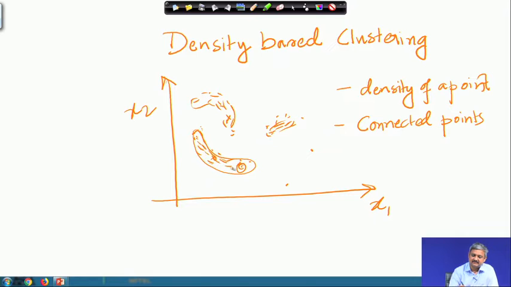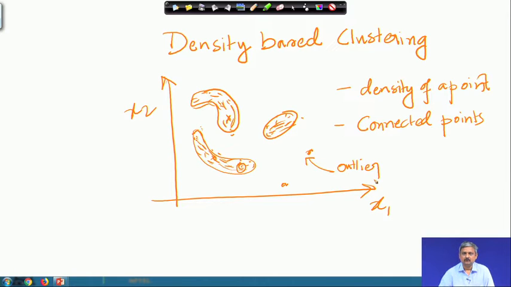In a sense they are connected. I will soon define what connected actually means. So, if we define a cluster to be like that and name points which are not part of a cluster as outliers, you can have a clustering algorithm.